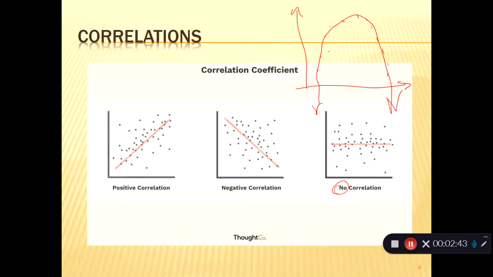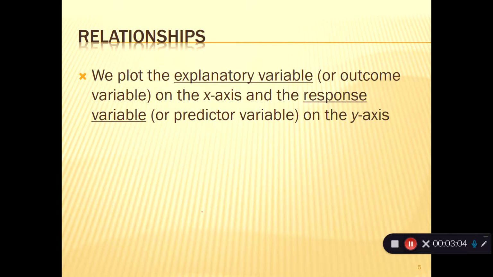So this would just be not linear. We might have another type of correlation there, but it's not a linear correlation. Linear correlation specifically means we're fitting a line to it. This is fitted with an upward line, hence a positive correlation. This one is fitted with a downward sloping line, hence a negative correlation.